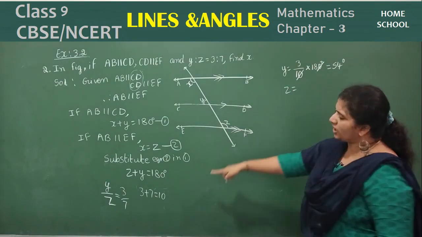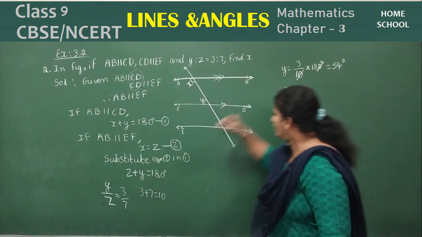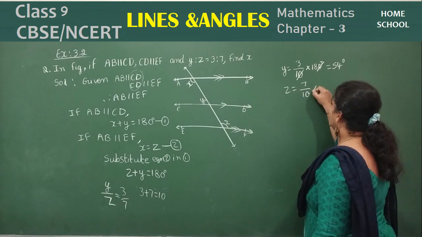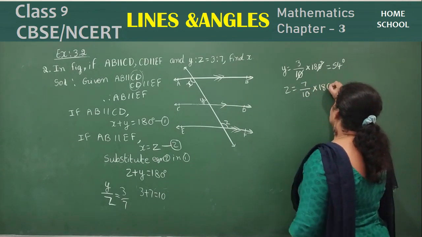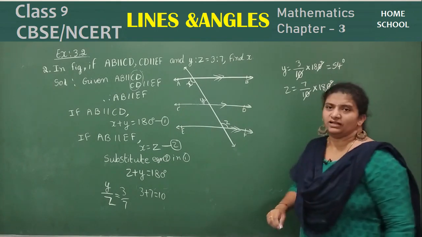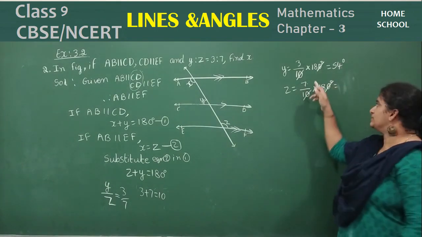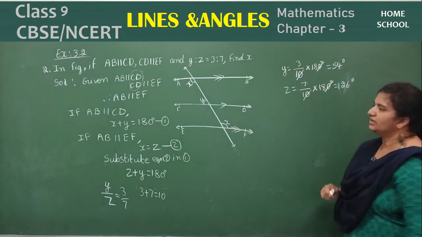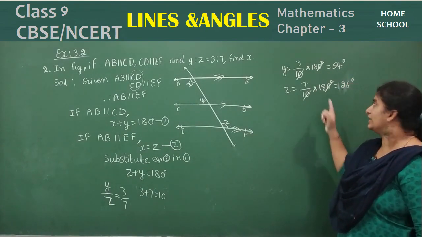z is equal to how much? What is the z ratio given here? 7 by total 10 into total angle 180 degrees. The zeros cancel. 18 sevens are 126 degrees. Let's check whether it is correct or not.